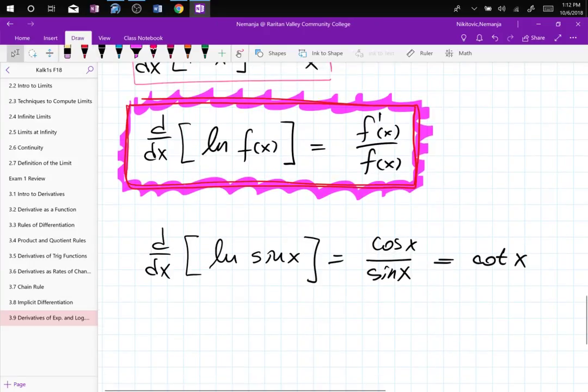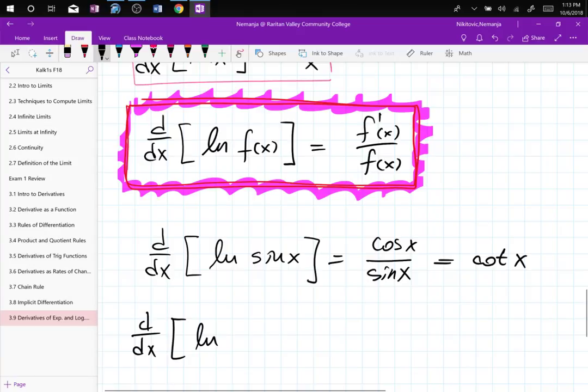A question for you. What is the derivative of ln of x squared plus x minus 3?